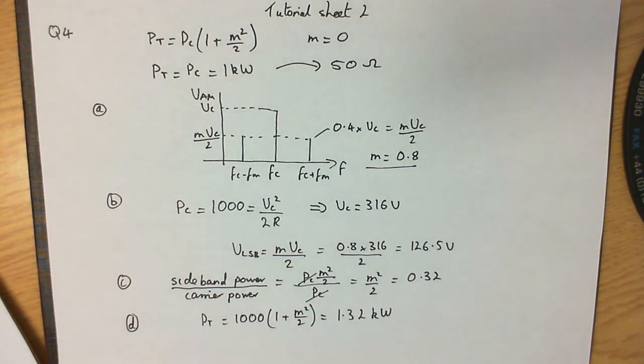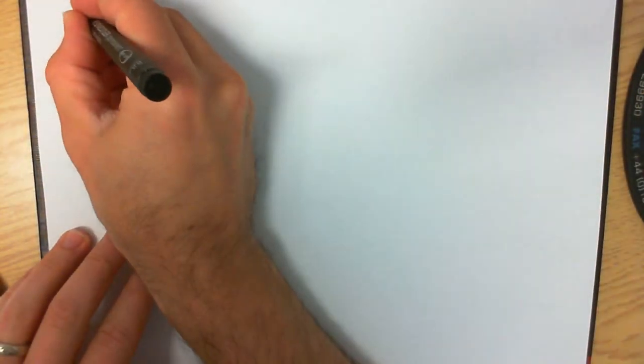Okay, so moving on to E. E requires a little bit more thought. This one often catches students out a little bit. So we need to determine the total average power output if the peak amplitude of the modulation sinusoid is reduced from 5 volts to 4 volts.